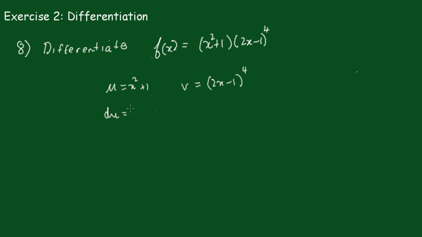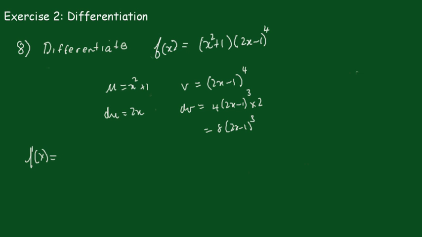So u dash equals 2x, and v dash equals, now the 4 comes down, 2x minus 1, take 1 away, 3, look inside, times 2, so this is really 8 outside of 2x minus 1 all cubed.